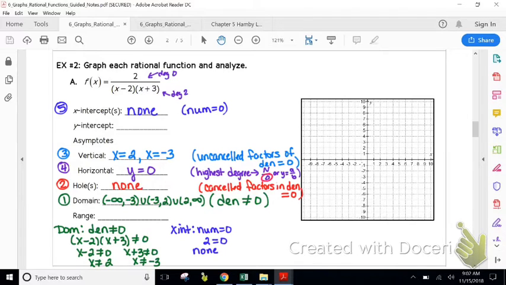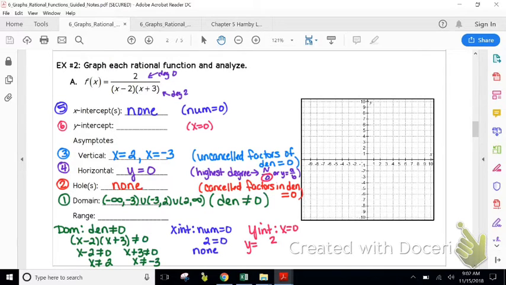All right, and finally, our y-intercept. How do you find the y-intercept? Yeah, plug in x equals 0. So I'm going to come down to the bottom again. I'm going to do a little work here. So for the y-intercept, it's where x is 0.